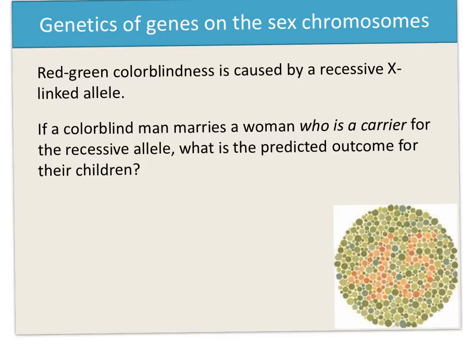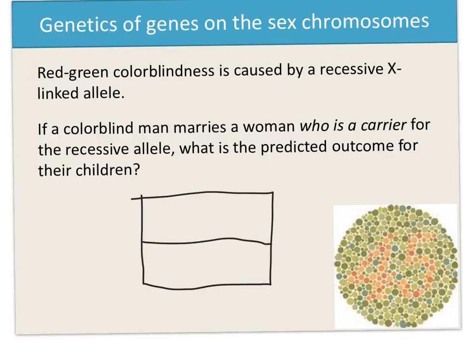Okay, so let's take a look at this. If a colorblind man marries a woman who is a carrier for the recessive allele, what is the predicted outcome for their children? So these are sex-linked traits. Why don't we make a Punnett square? The colorblind man, we'll do in blue.